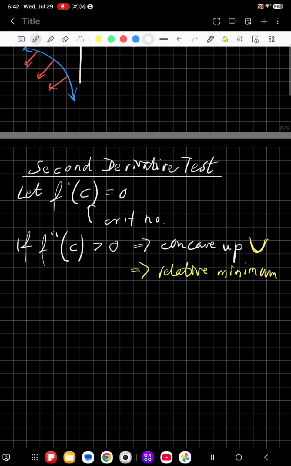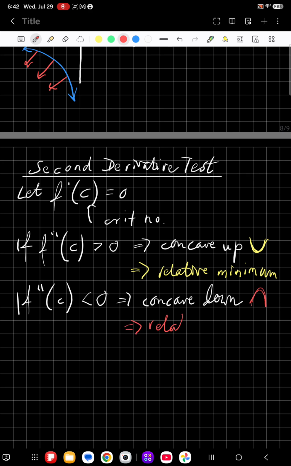The second part, obviously, if the second derivative at c is less than 0, then concave down. I believe that was red. And we have a relative maximum. Okay, so let's look at an example.